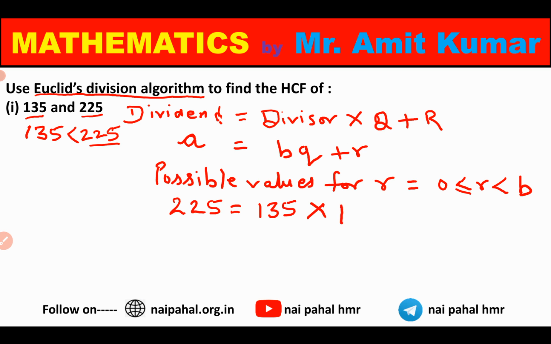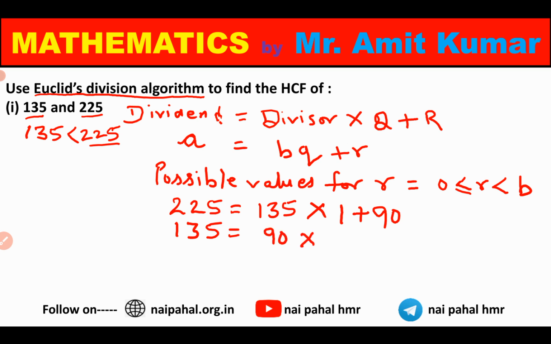Only one time. Then what is the remainder? 90. Again, the old divisor will be our new dividend, 135, and the old remainder will be our new divisor, 90.